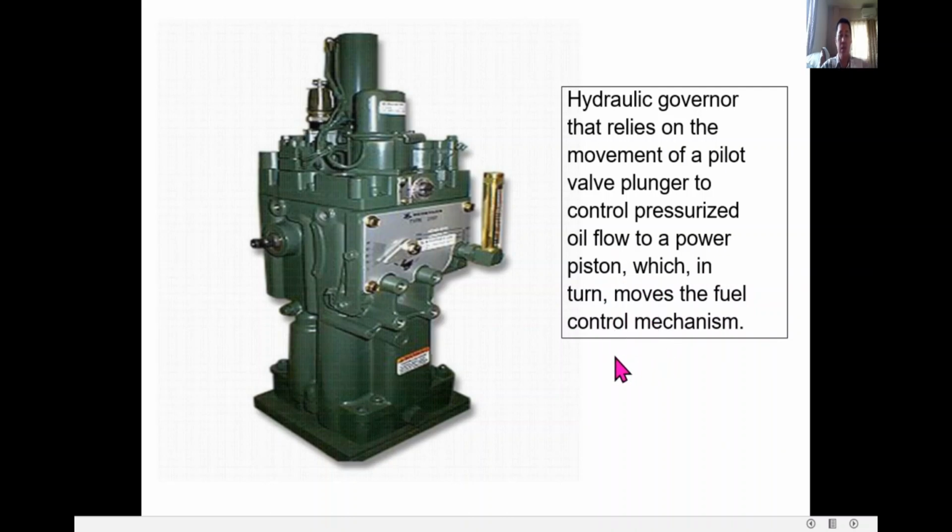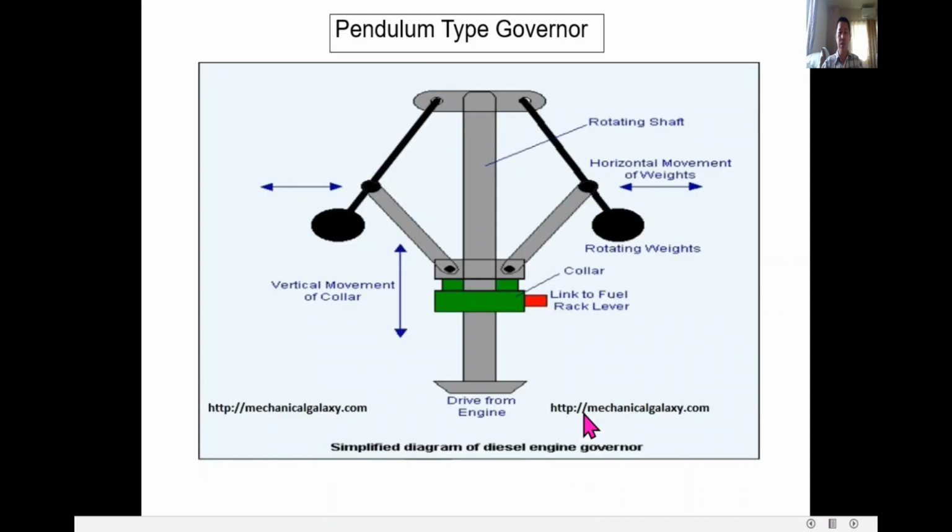Later on we can see the control mechanism. This one is connected to the fuel linkage. There is also a flyweight inside, just as you can see here.